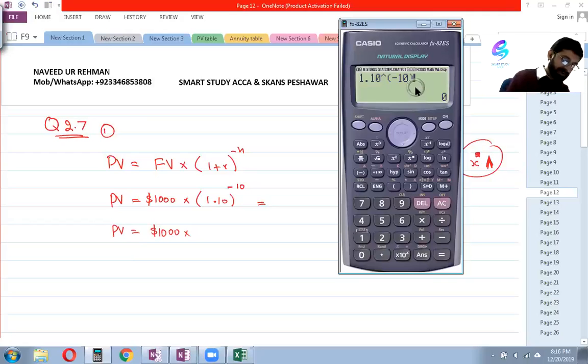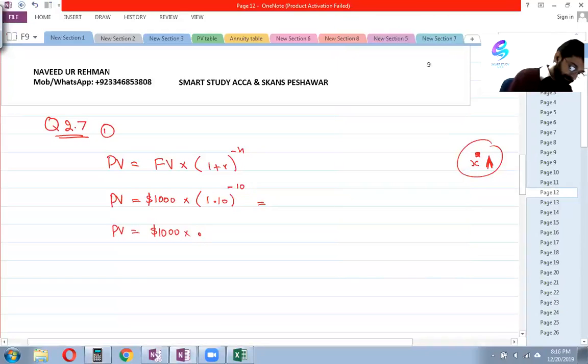1.10 raised to the power minus 10. Please don't try to do it before me. 0.385543. We'll write it up to 3 decimal places, so it will be 0.386. So the present value is 386.